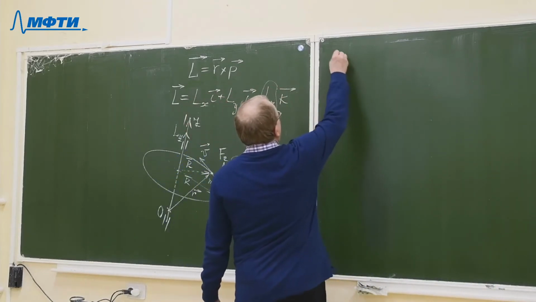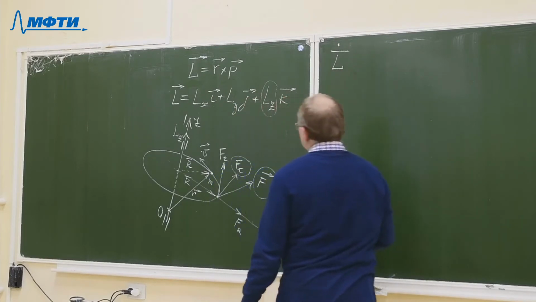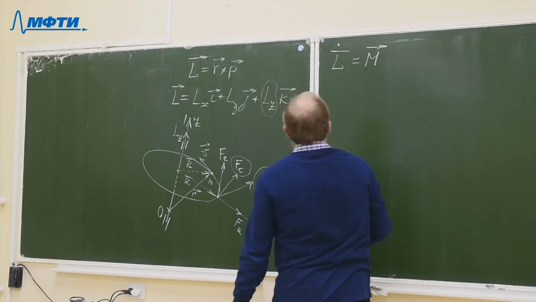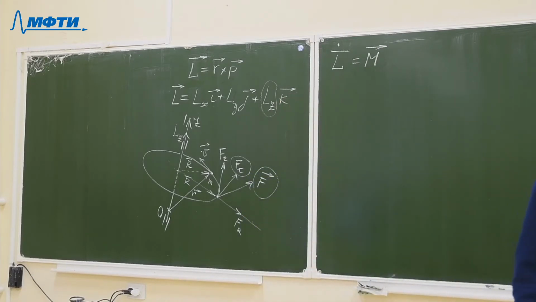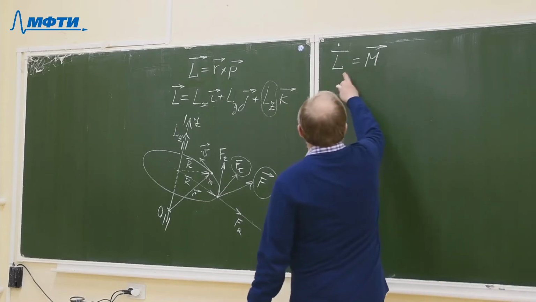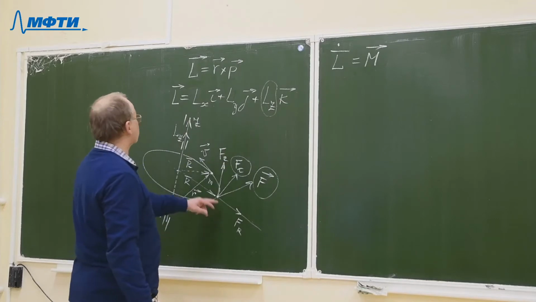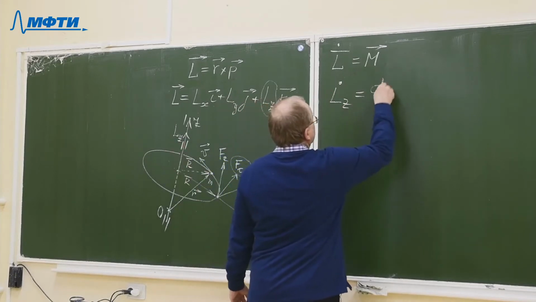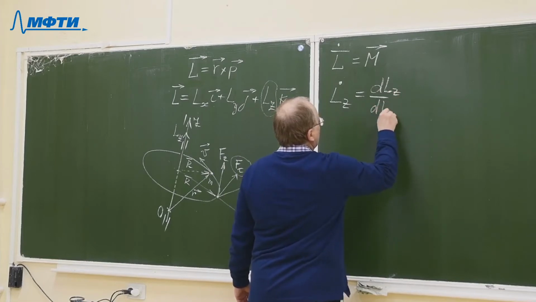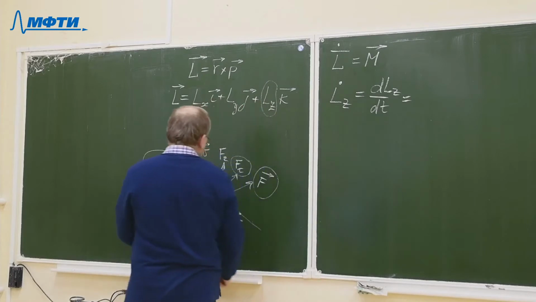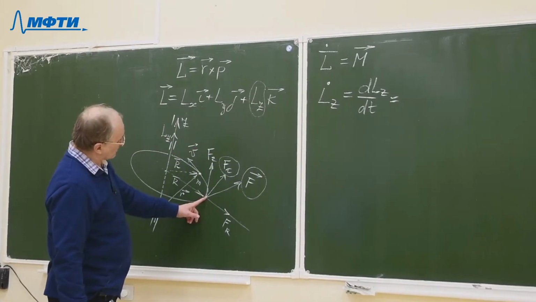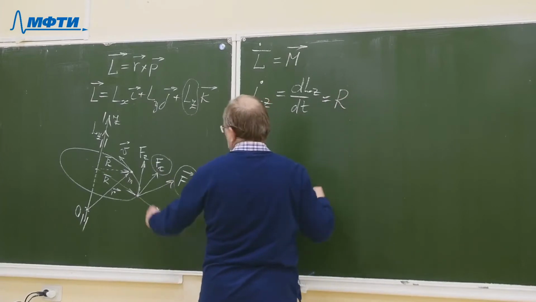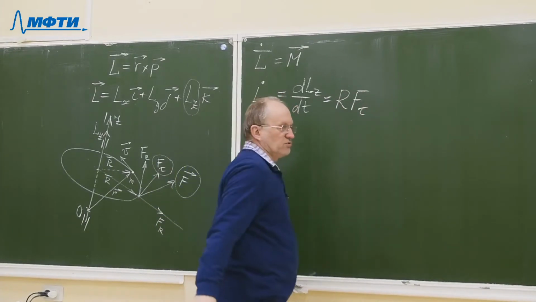So if we go to the equation describing the rate of change of angular momentum in time, which we know is the vector of torque, the vector M called the torque, then as far as components are concerned, we will say that the Lz component change in time, which is actually dLz/dt, will equal that component of the torque which is due to tangential force, and that will be equal to the radius of rotation, capital R, times the tangential component of the force.